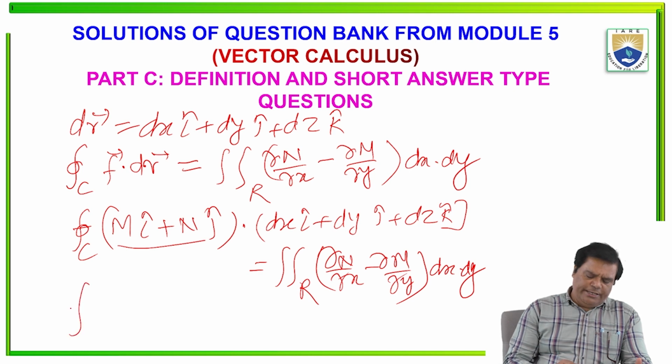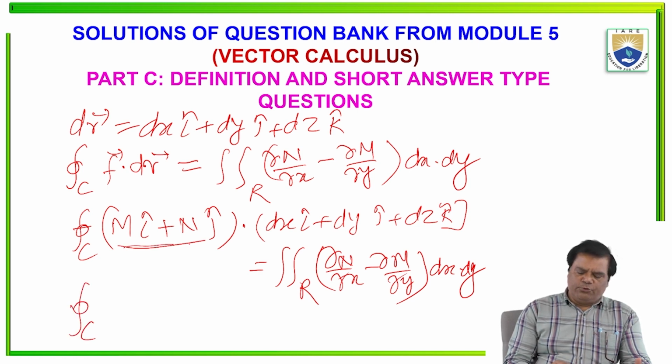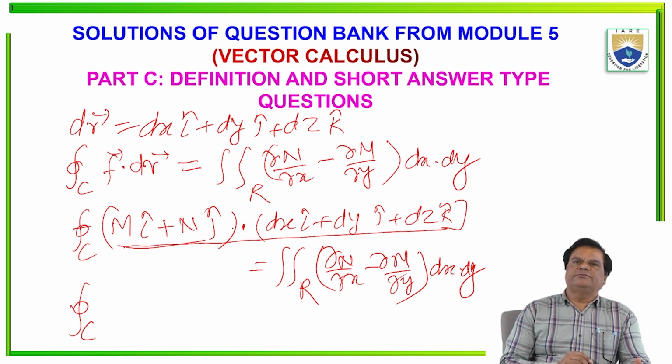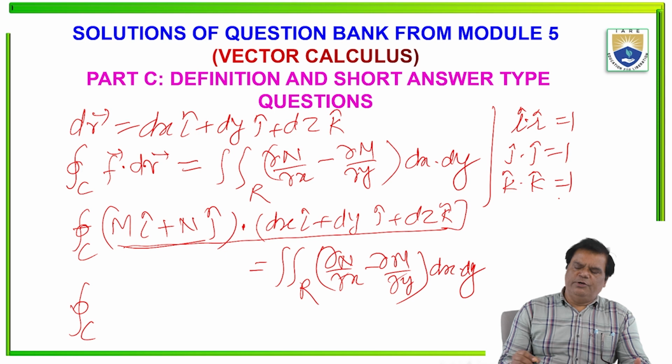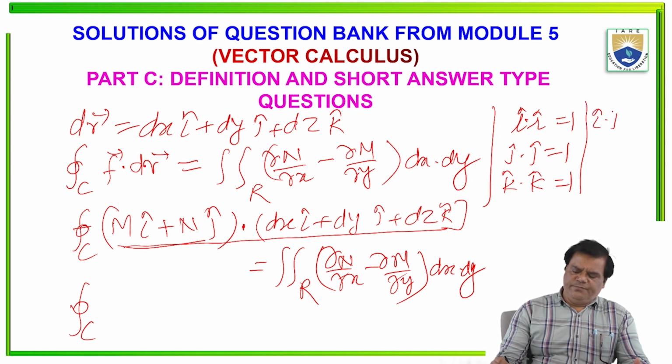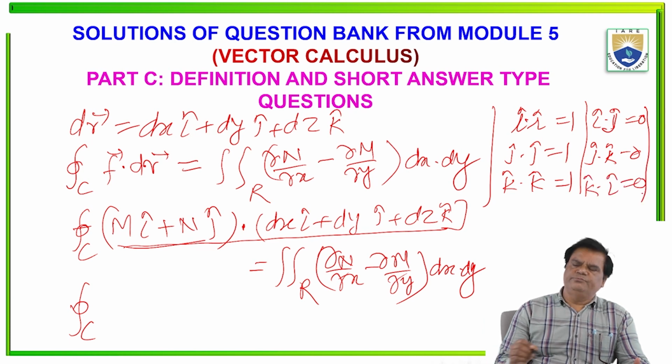Now in the dot product, i goes with i, j with j, k with k. So i dot i equals 1, j dot j equals 1, k dot k equals 1, and i dot j equals 0, j dot k equals 0, and k dot i equals 0.